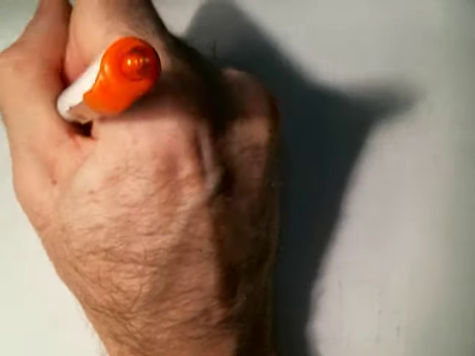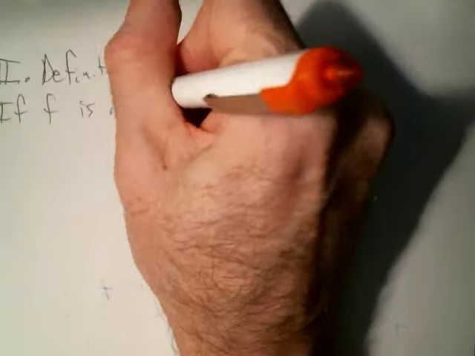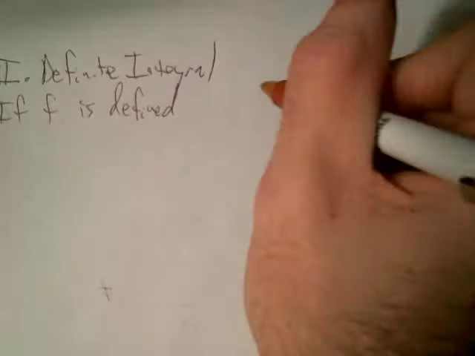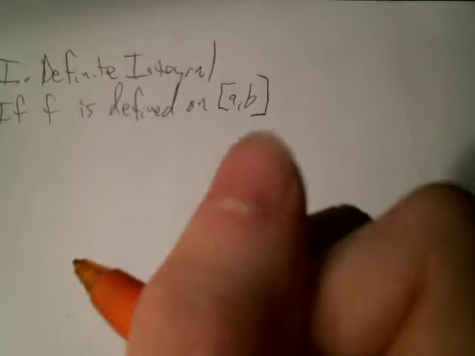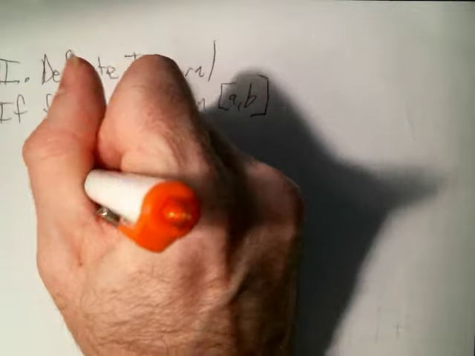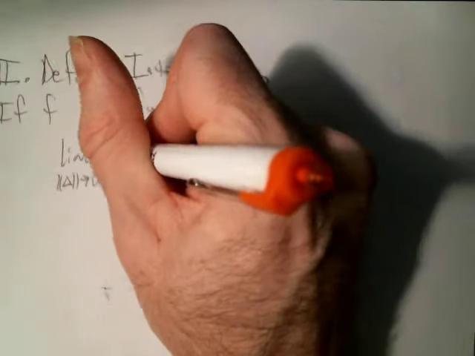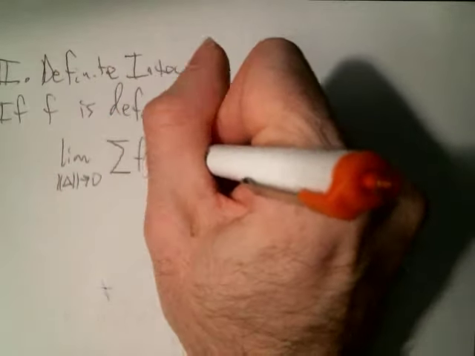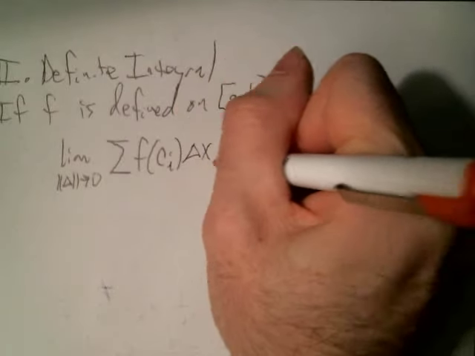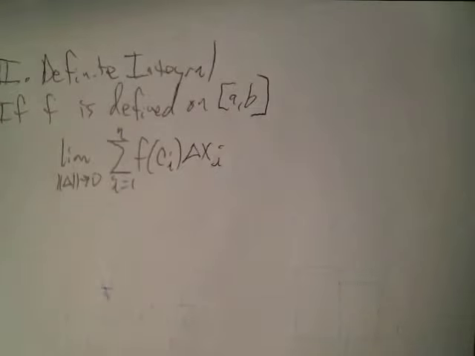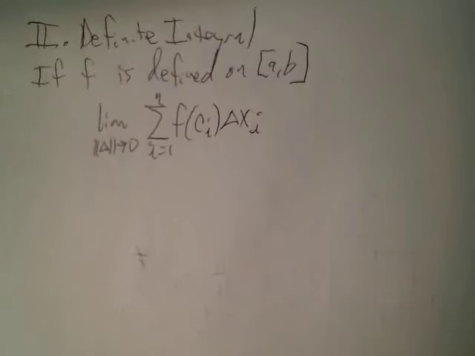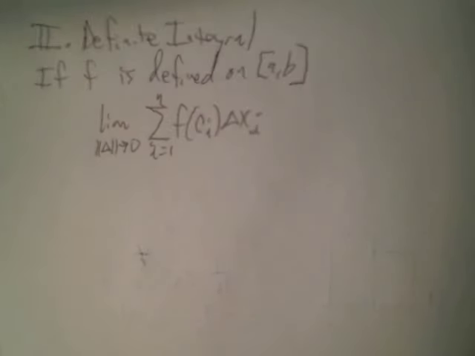If we just have that f is defined on this interval from a to b, and we can actually figure out this limit, the limit as the norm goes to 0 of the Riemann sum, if this thing exists, then we say its limit is the definite integral from a to b.